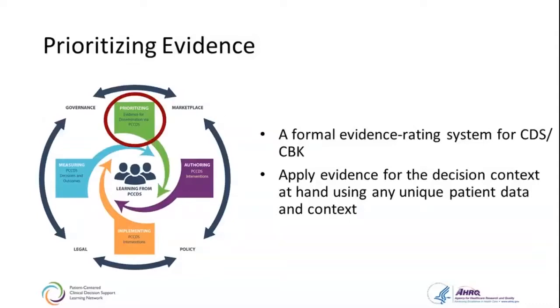So a formal evidence rating system for decision support or computable biomedical knowledge to help end users identify ways to prioritize what's the guideline or practice guideline or systematic review to be put into practice and apply evidence within the context at hand with whatever unique patient data may be available.